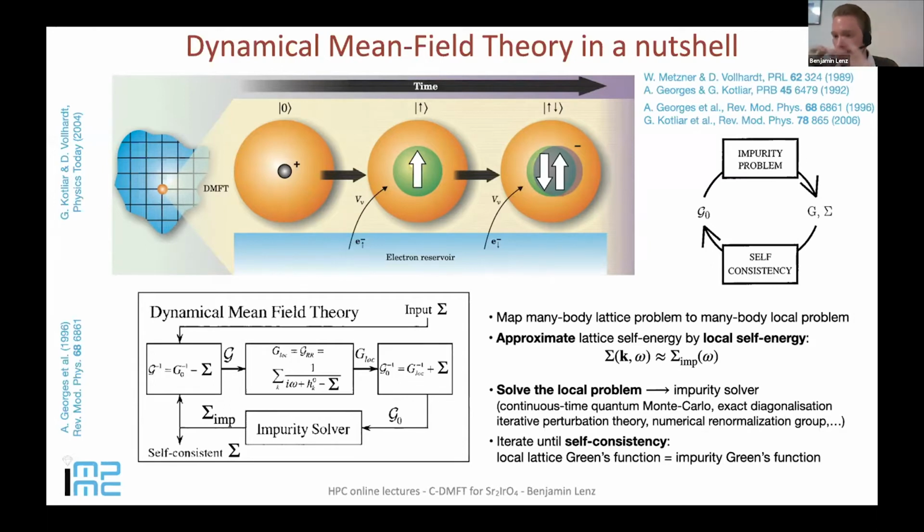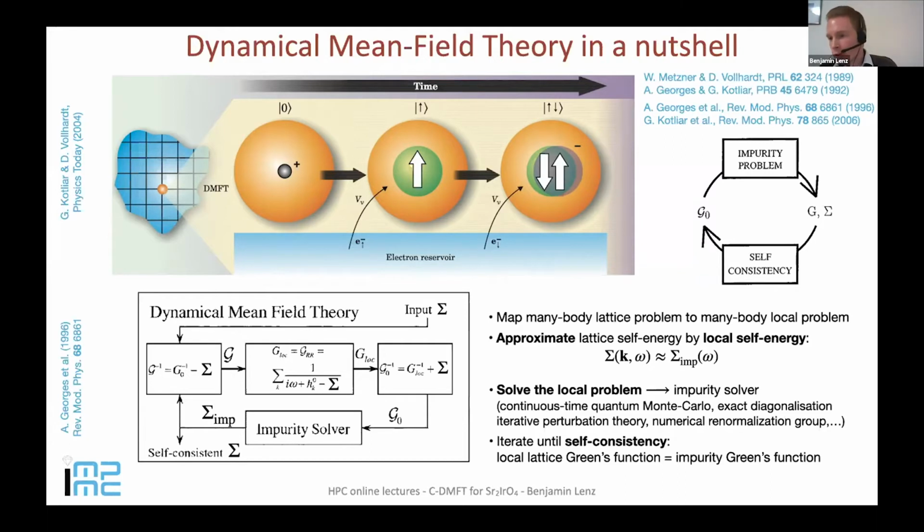This impurity problem will give you a local impurity self-energy, which you will plug into the loop in order to recalculate the Green's function of the lattice and continue with this so-called DMFT loop. You stop once you have self-consistency, which means here that actually the local lattice Green's function is identical to the impurity Green's function.